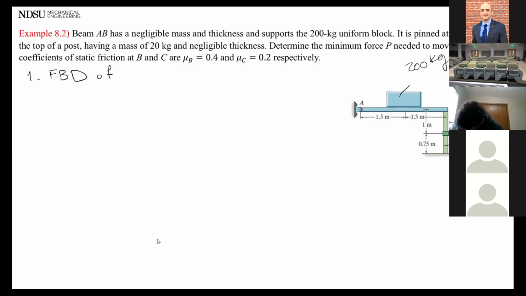Should it be BC? Jake said the post. Okay, which one? There are 2 posts here. BC. Okay. BC. Okay, what else?